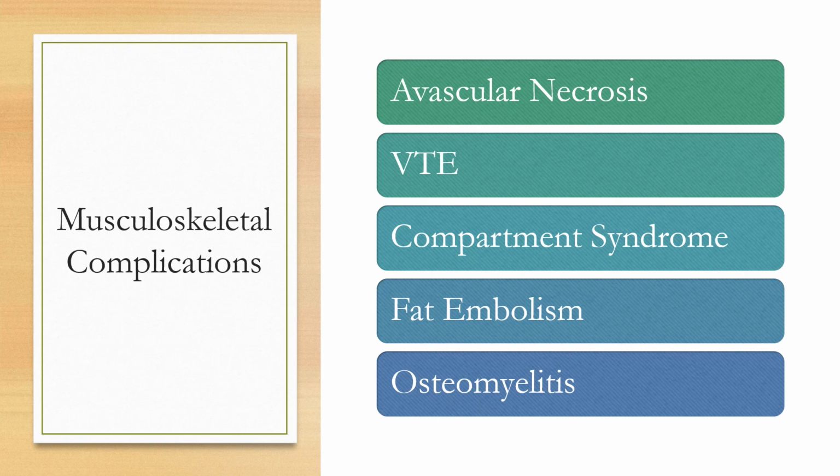So the bone has been exposed to the environment and has become contaminated, and osteomyelitis has occurred. Sometimes, much less commonly, you can get osteomyelitis by having had a blood infection with bacteria that have then seeded the bone and developed osteomyelitis. That's much less common than getting osteomyelitis as a complication of a compound fracture.